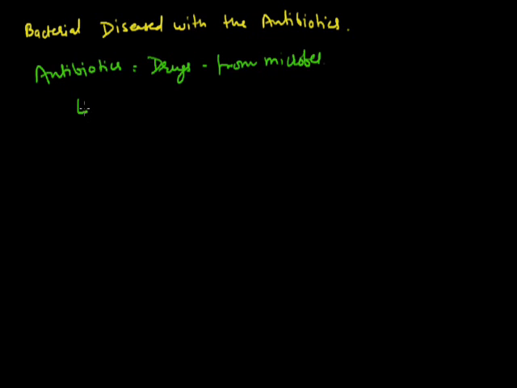These antibiotics kill the pathogen through three pathways. The first process through which they can kill the pathogen is that these antibiotics stop the formation of the cell wall in the bacteria.